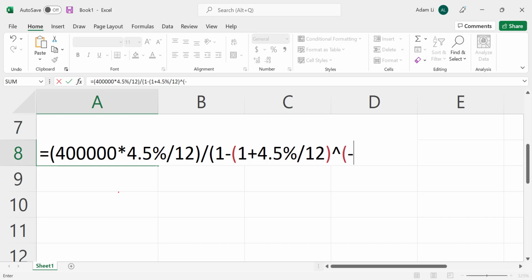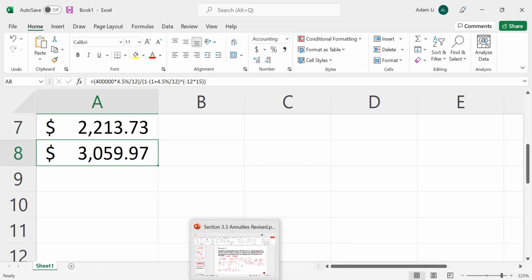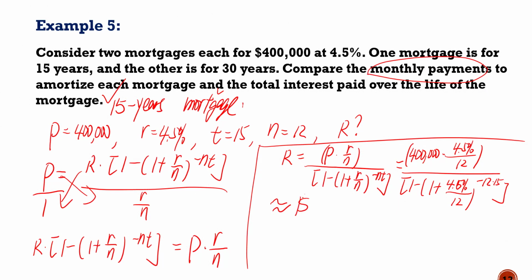You can also do 12 times 15 in parentheses. And that will do it. You just key enter, you get a result. So the monthly payment is $3,059.97. That's the monthly payment.